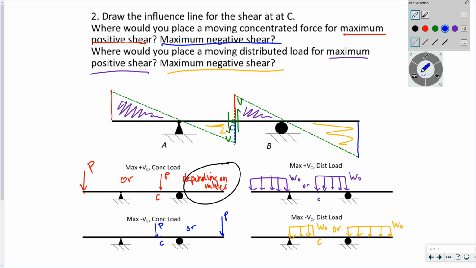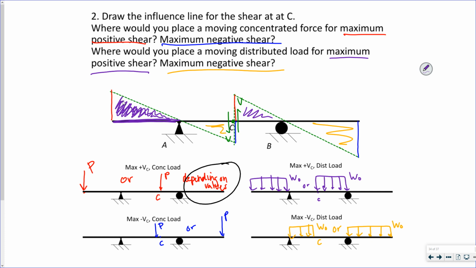Right, if I put a distributed load over this area, it would result in, over this length, this area times W naught as a positive shear at C. If I put it here over this length, it would result in that area times W naught as the positive shear at C.